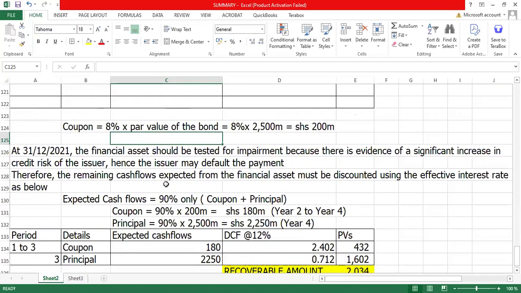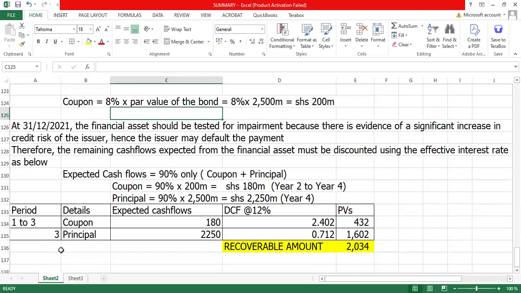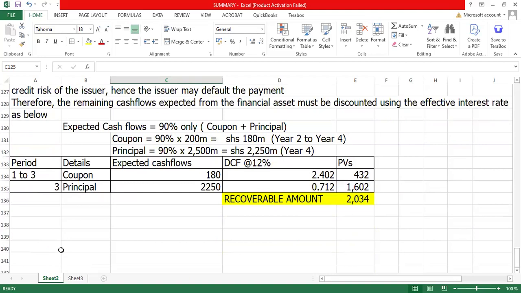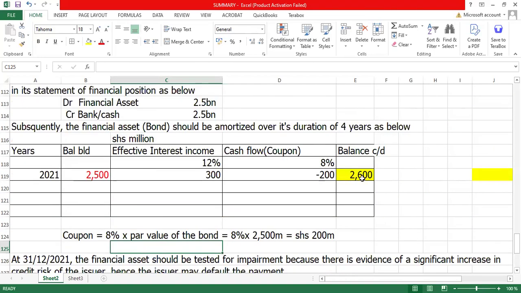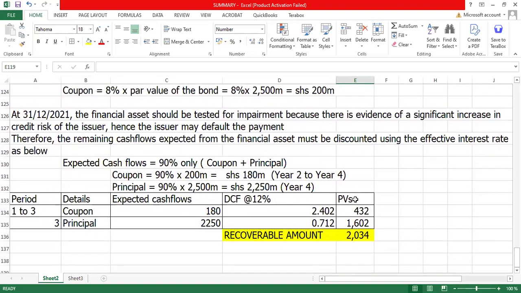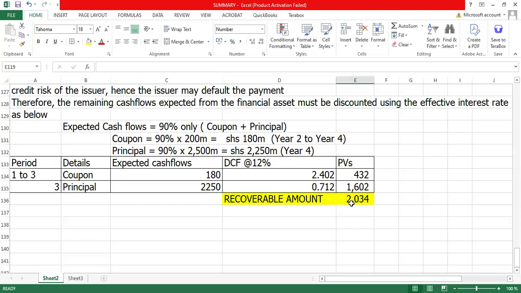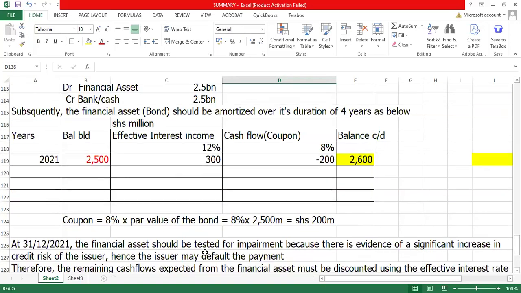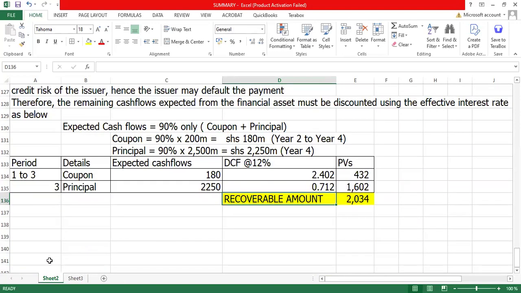Do you have the impairment? At the time of testing, the value of the asset was 2.6 billion, but you can only recover 2.03 billion. So it means that there is an impairment loss.